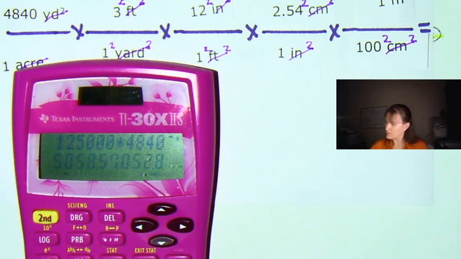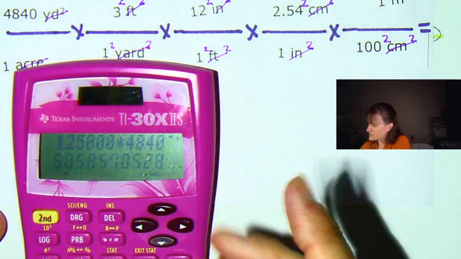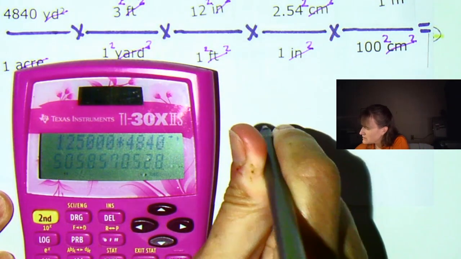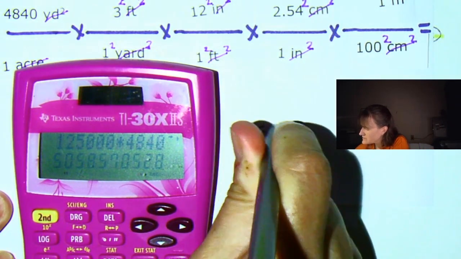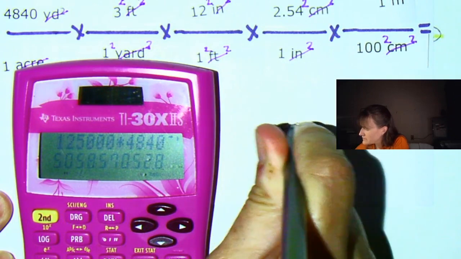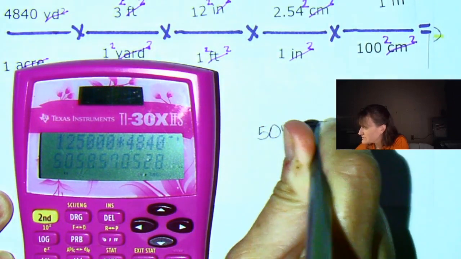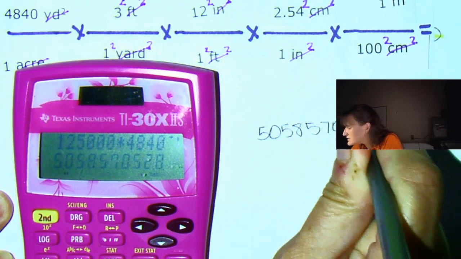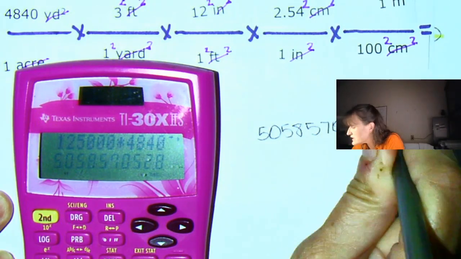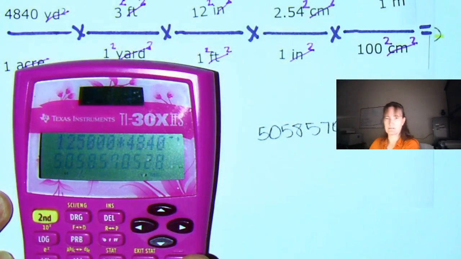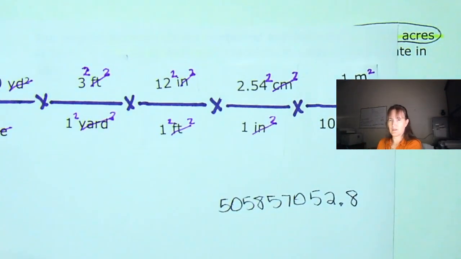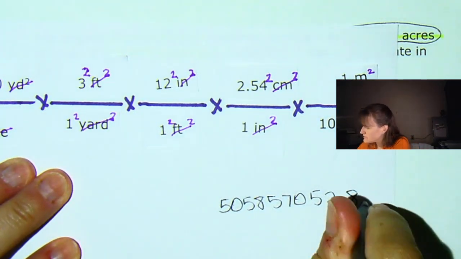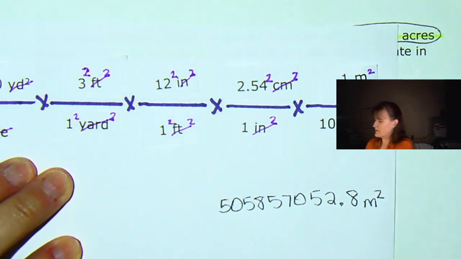So I get for my answer 505,857,052.8, and the unit is meters squared.